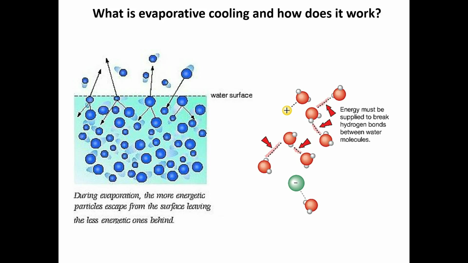As we sweat, you have water molecules that beat on the surface of our skin. And basically, as that water evaporates, you have heat that's being pulled away from the surface of the body. Or you have this transfer of heat.